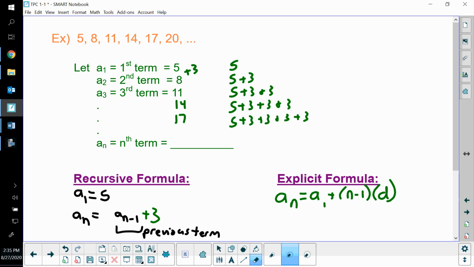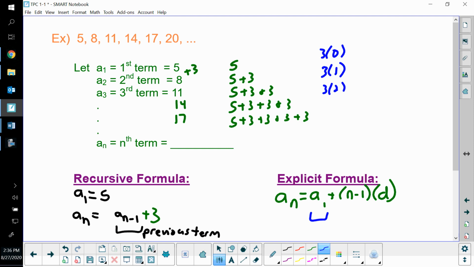Notice they all had the 5. That's where the a sub 1 comes into play. d is what we are adding on each time. Well, this had 3 times 1, this one had 3 times 0, this one had 3 times 2, this one has 3 times 3, and this one has 3 times 4.